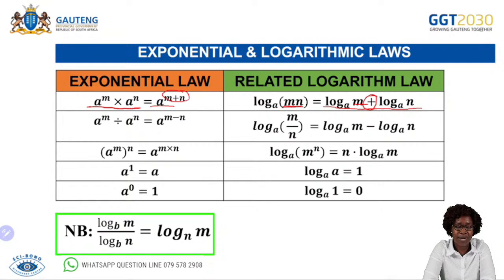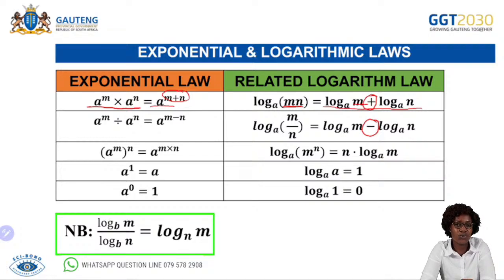If I am multiplying, I change the multiplication to addition. So log of mn to base a becomes log of m to base a plus log of n to base a. The next one, when we are dividing terms with the same base, in logarithms, when dividing a term, we change the division to a subtraction.